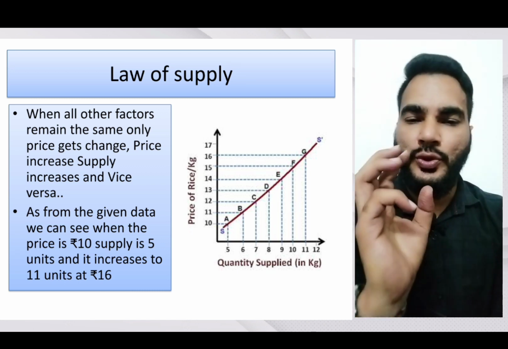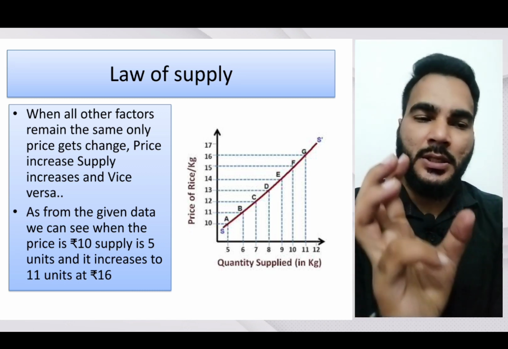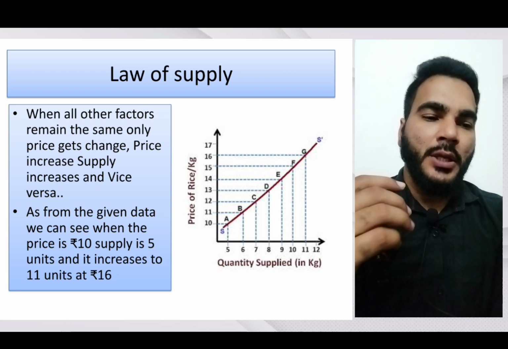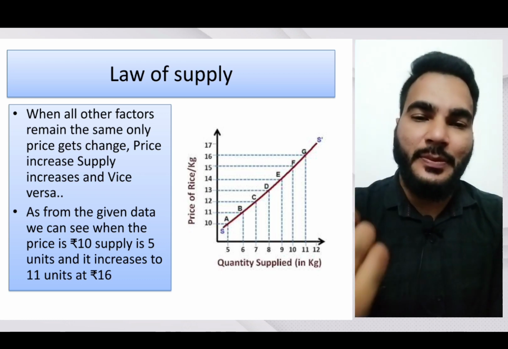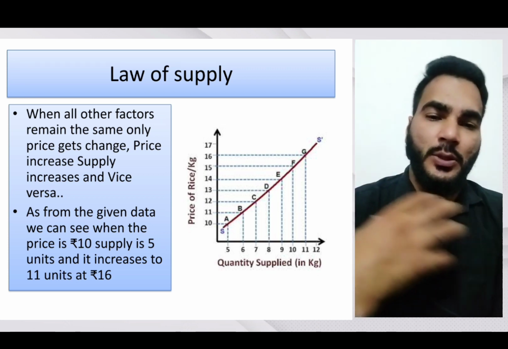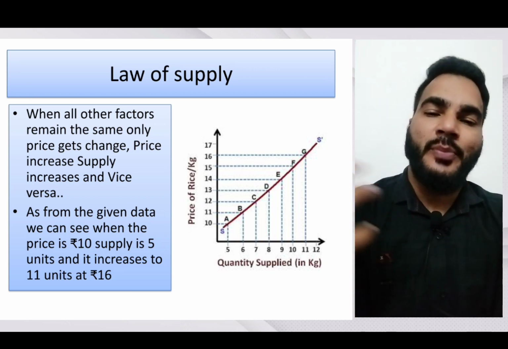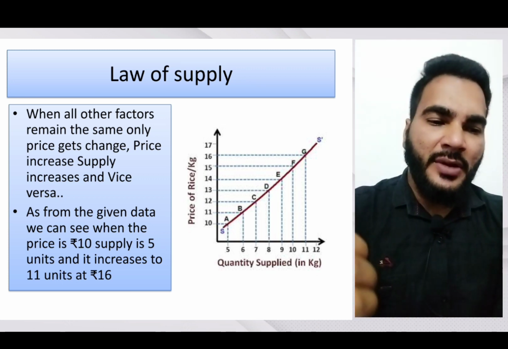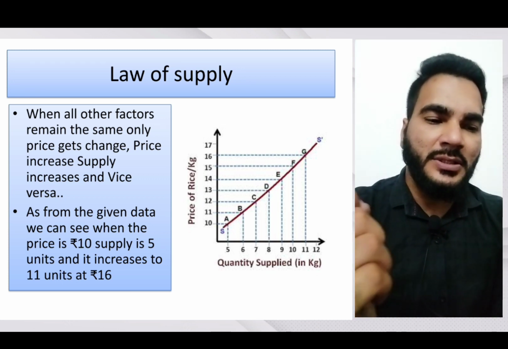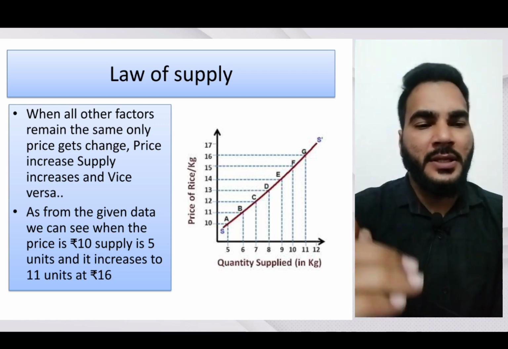Here you need to see the concept as a producer. If you are getting maximum profit from a product, you will increase the supply, because we all want to earn maximum profit. From the given data, when the price is 10 rupees, the supply is 5 units, the lowest one.